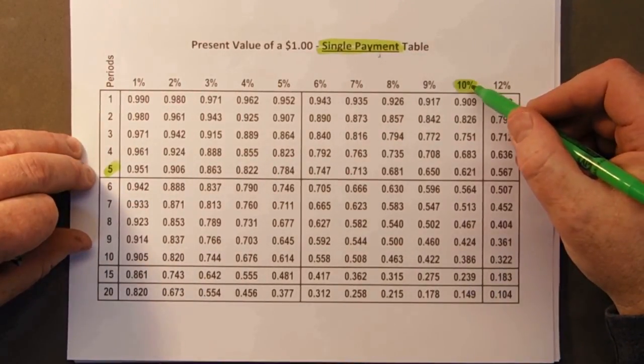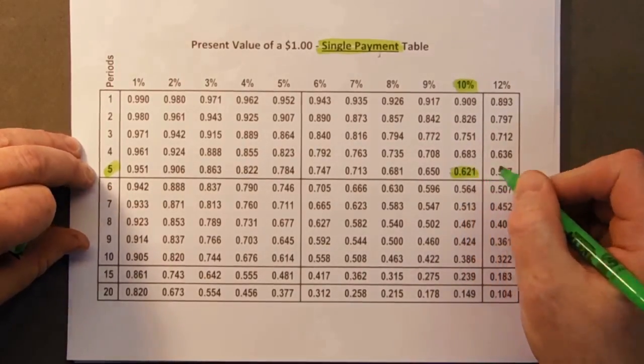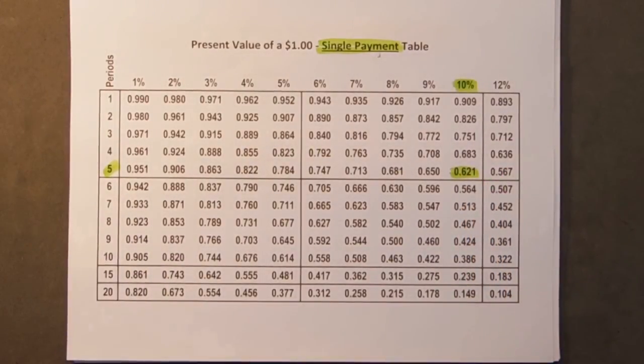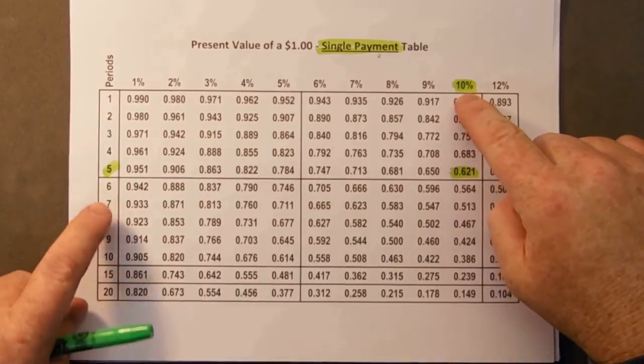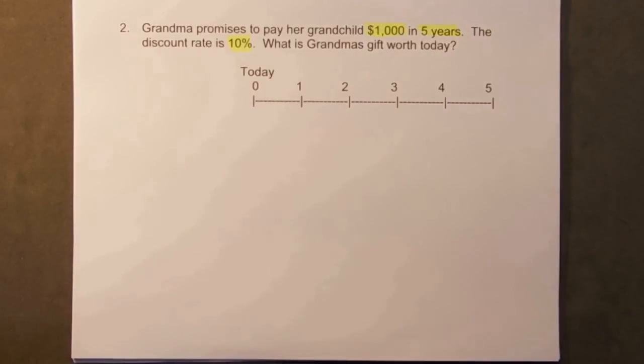So each one of those dollars is going to be worth $0.621 today. In other words, 62 cents, what you can buy for 62 cents today, in 5 years at 10%, you'll be paying $1 for.